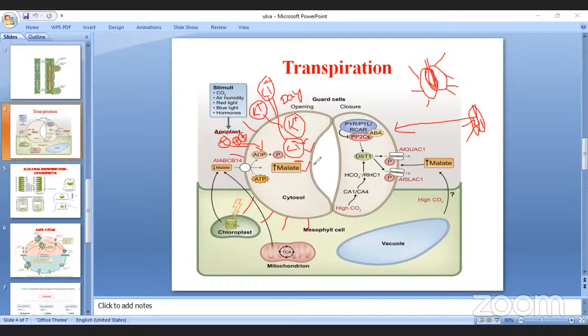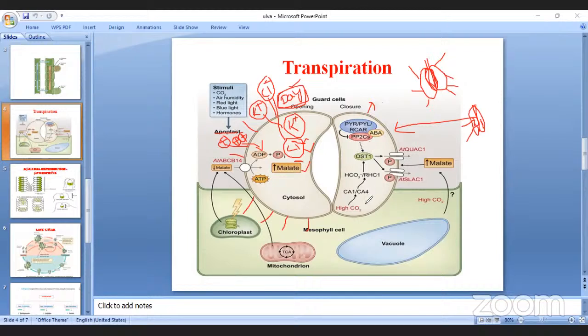Now the closing mechanism is opposite. The closing mechanism means here at night, what happens in the absence of light. This happens in daytime, in the presence of light, but closure is by absence of light.